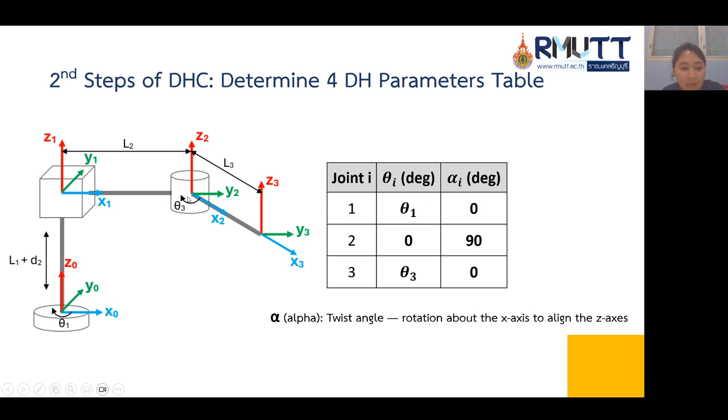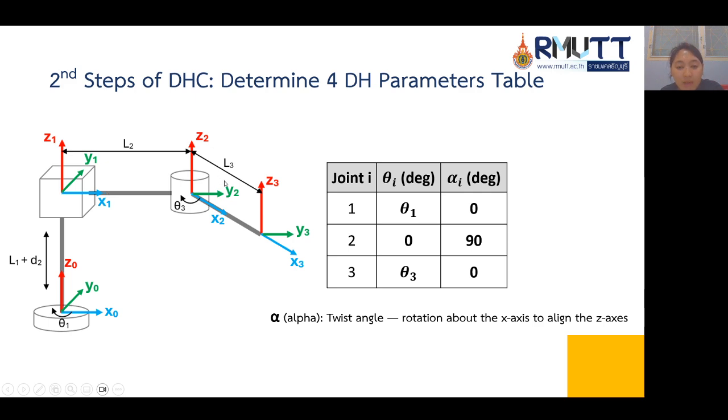After that, for the second joint, between the previous x-axis and the current x-axis, x2 is perpendicular with x1, so the alpha value is 90 degrees.